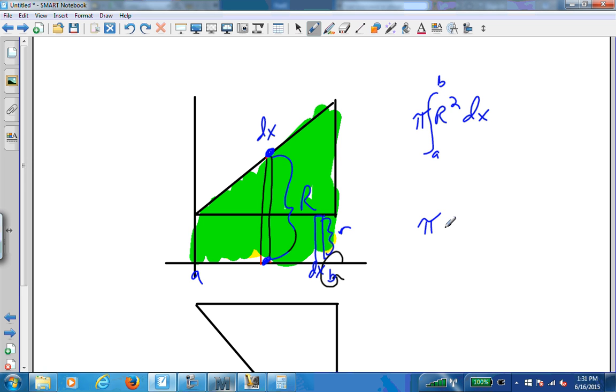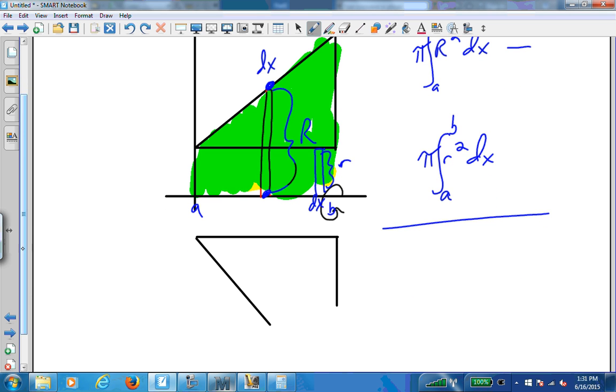So the cross-sectional area would be pi little r squared times the thickness. We're going to add those up from the left side to the right side. Now if we subtract those, that'll give us our resulting volume of the outside part, then taking the hole out.